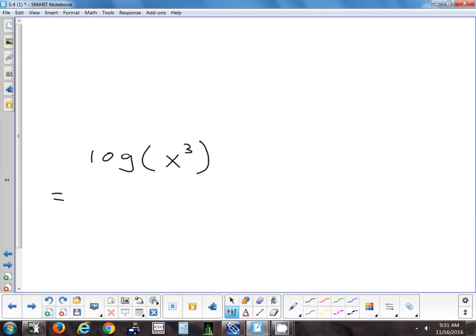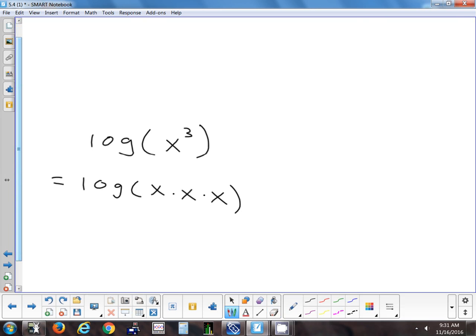What does x cubed mean? Like, let's say somebody doesn't understand exponents. It means x times x times x.